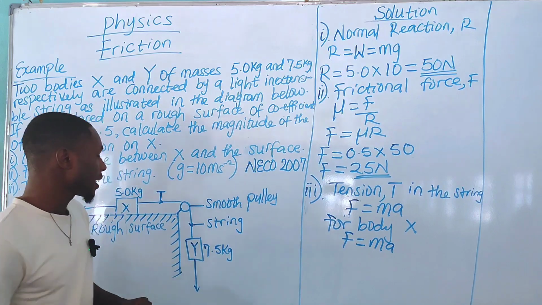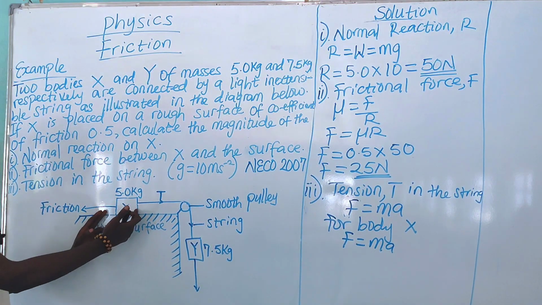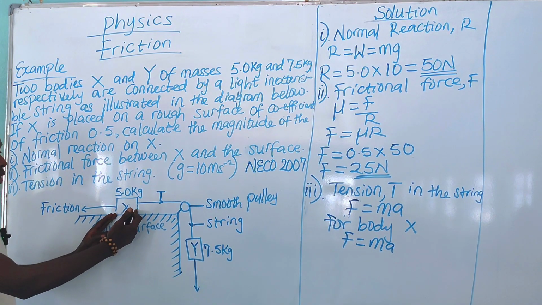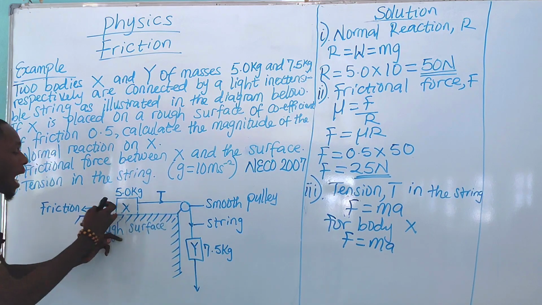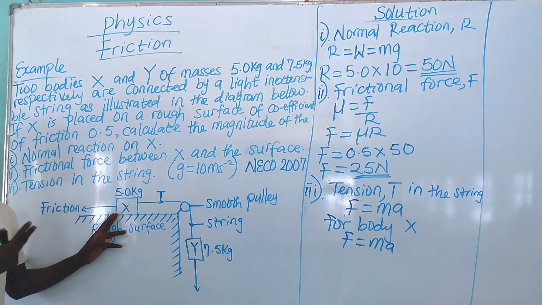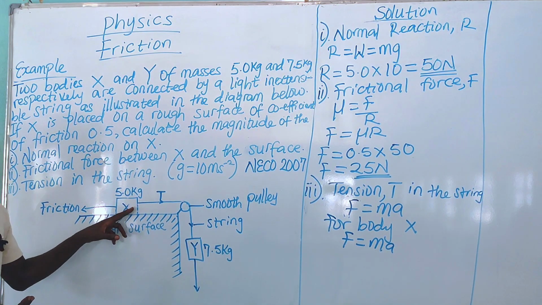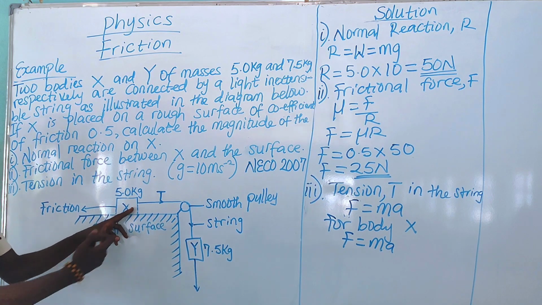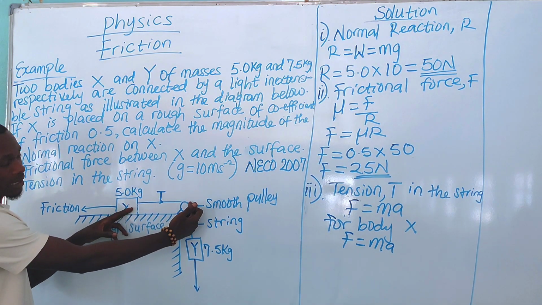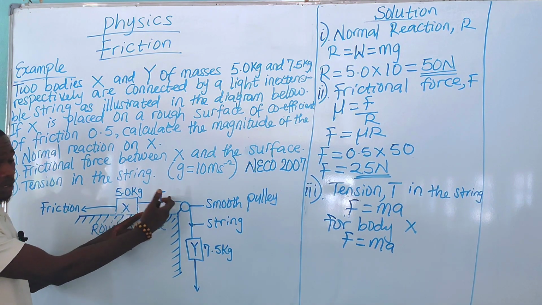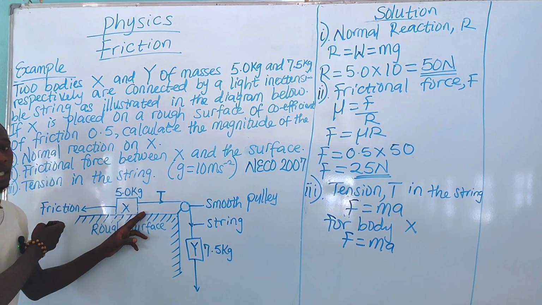Okay, so for body X, now the force in this case is going to be the difference between the tension in the string and the frictional force, because there are two forces acting on body X. One force in this direction, which is the tension, and the other force in the other direction.